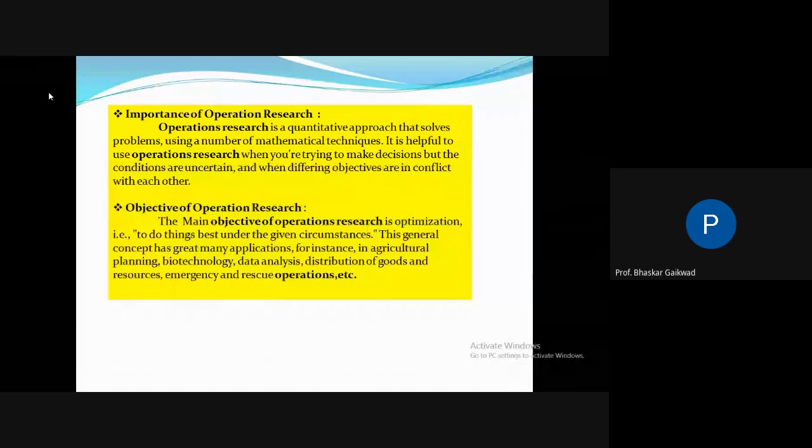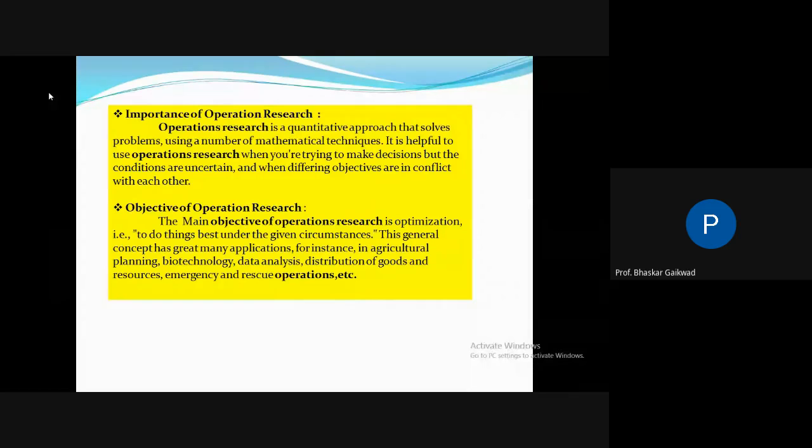Some machines will manufacture more quantity, some will manufacture lower quantity, or one in between. So how do we solve this problem so that there is equal output in the given condition and the company gets maximum profit? This is the importance of operation research.